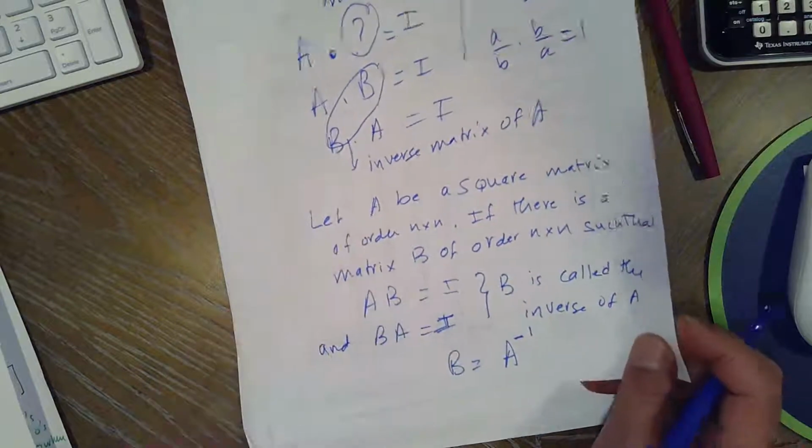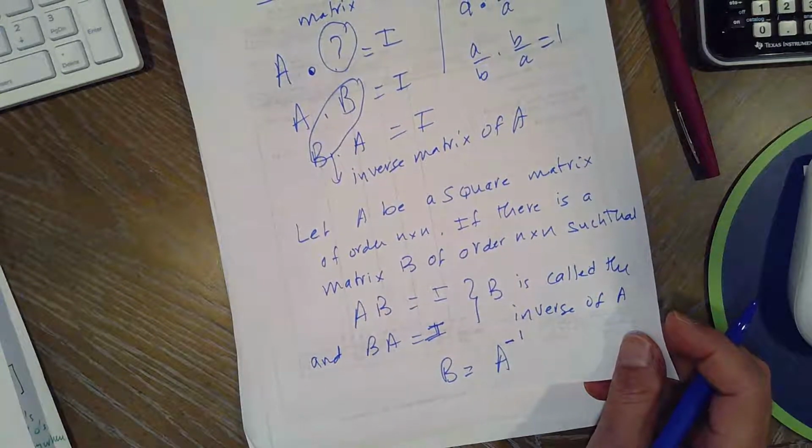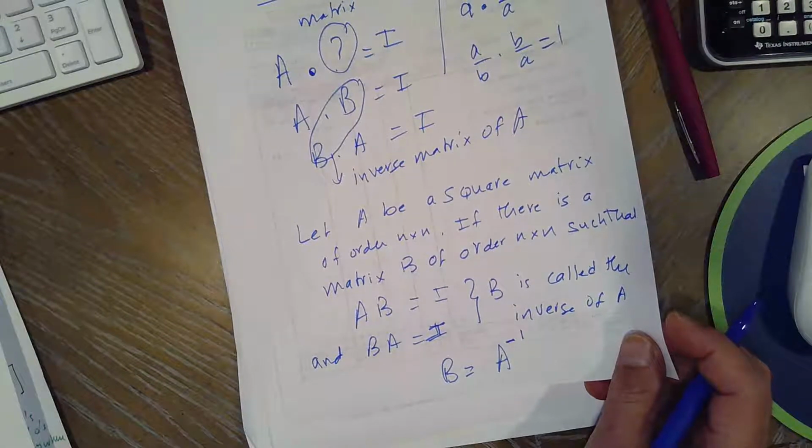So if we can find a matrix B, when we multiply it by matrix A, we get the identity, that matrix B is called the inverse of matrix A.